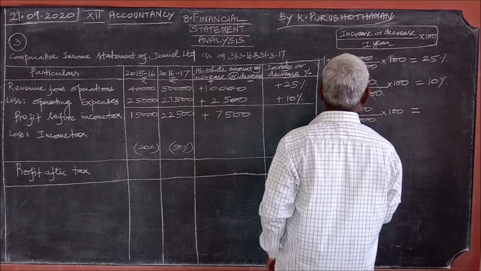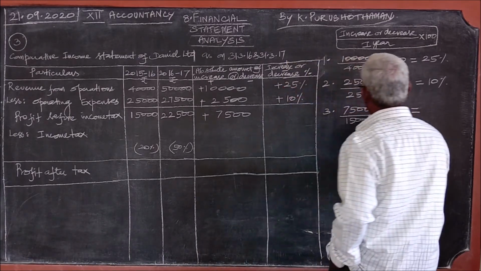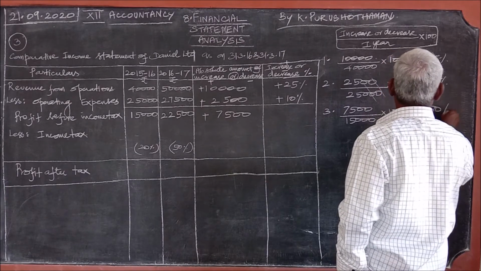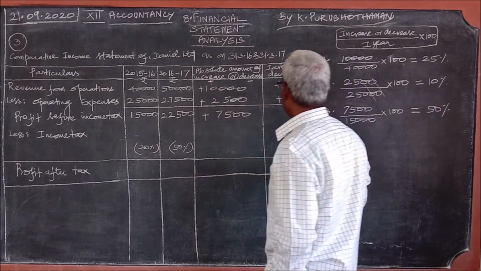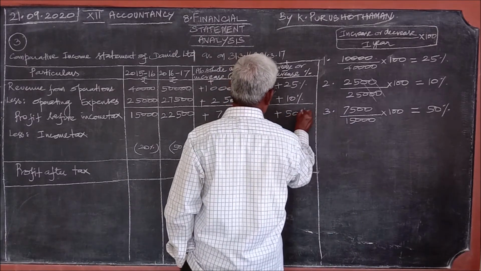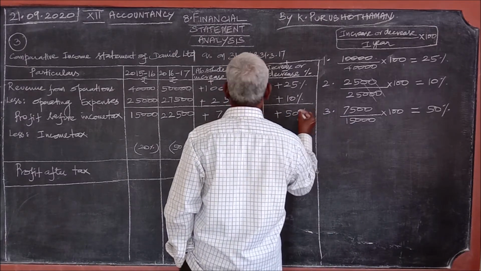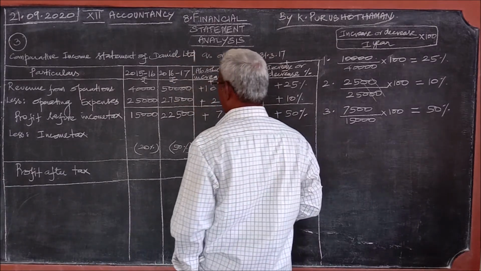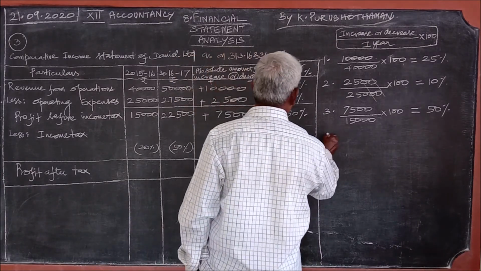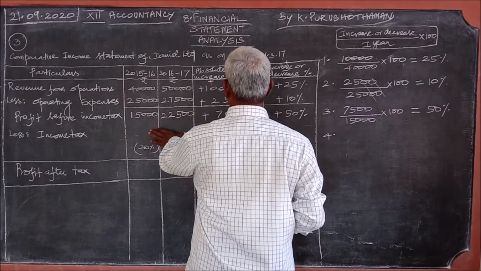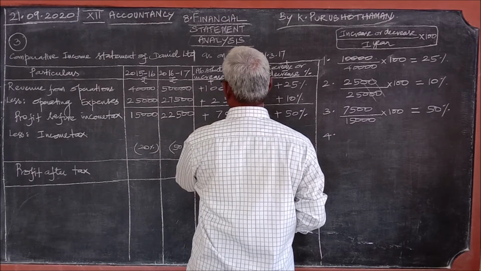This is equal to 7,500 by 15,000 two times, 100 by 2, 50%. This is plus 50%. Then for the fourth item, we should calculate the income tax first, then find the percentage next.